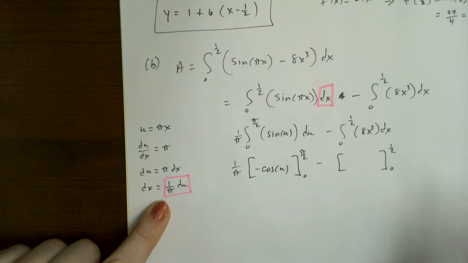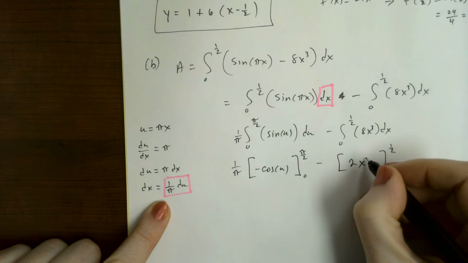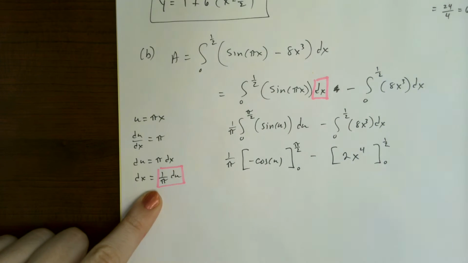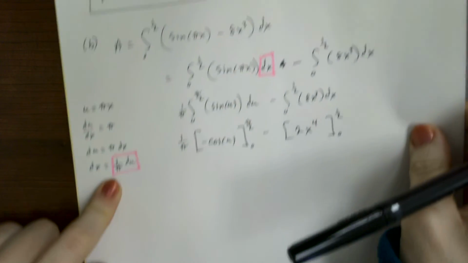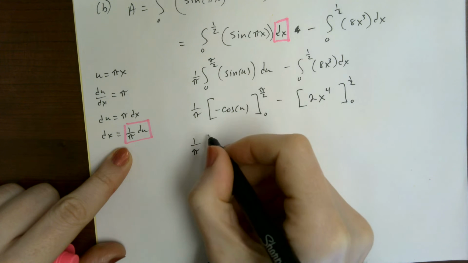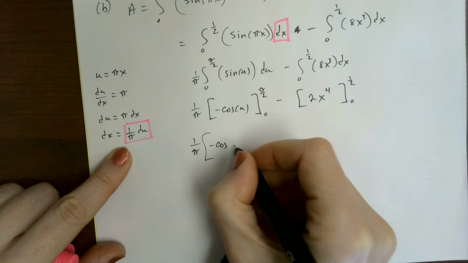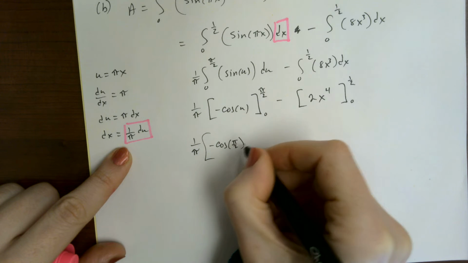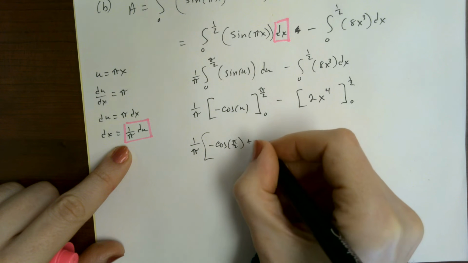The antiderivative of 8x cubed is 2x to the 4th. Okay, now I'll bring this down, and then I am plugging in the endpoints. Now, normally this is a minus, but since it's negative cosine, I'll do a plus.